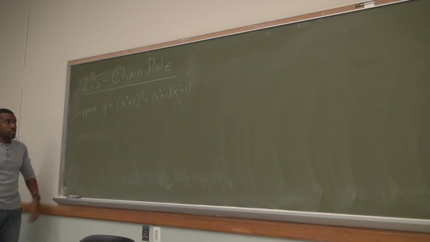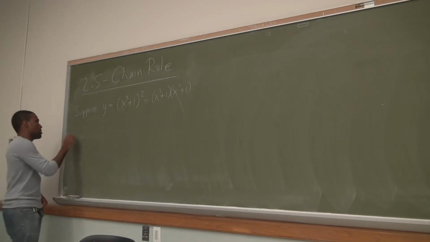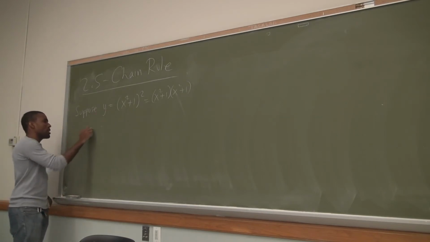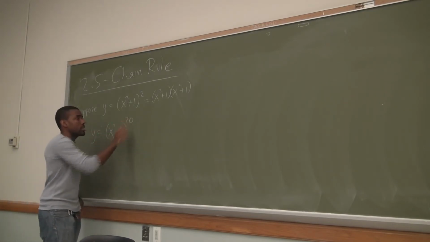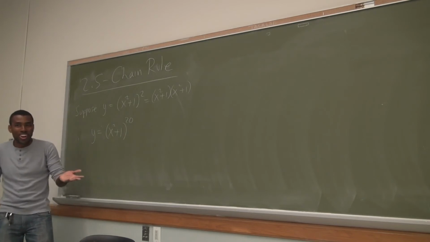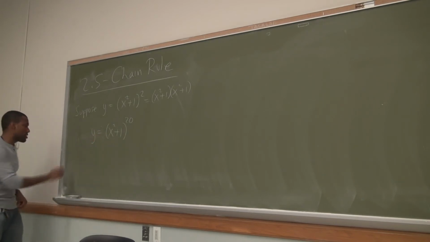Now there are other kinds of functions that look like this, where if you wanted to expand and use the power rule, no problem. But if you look at y equals something like (x squared plus 1) to the 20, you wouldn't want to multiply out, because that would take forever.